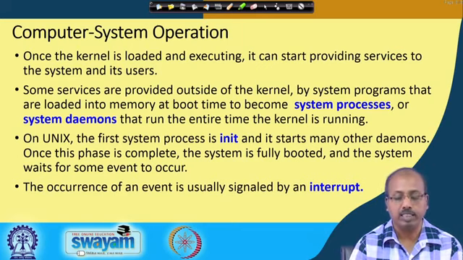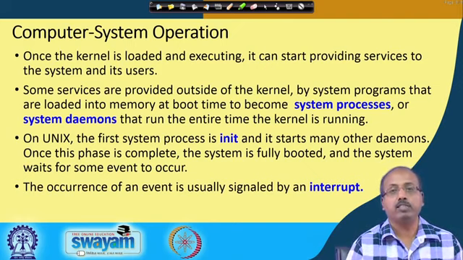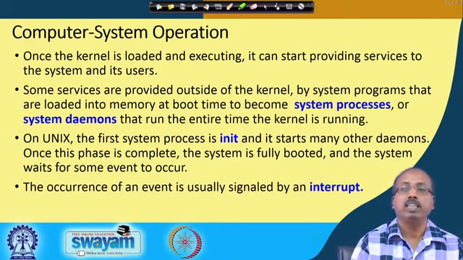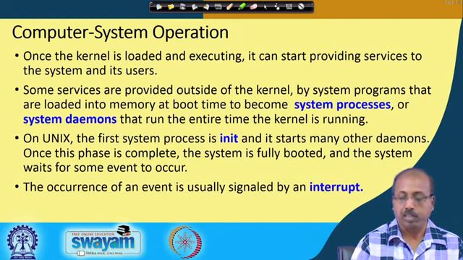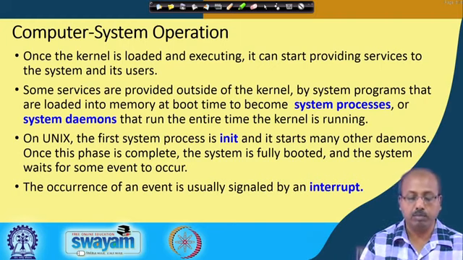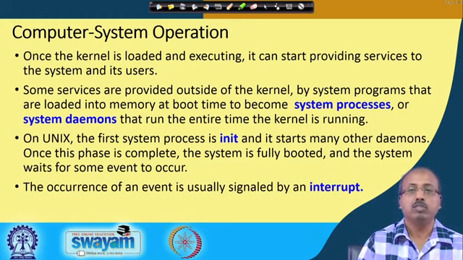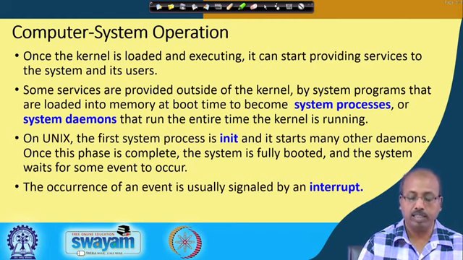This daemon starting is done by the init process, and when it is completely booted, it comes up with a login message and waits for some user to log in and ask the system to do something. So the system waits for some event to occur, and when that event occurs, the operating system is informed that an event has occurred, and accordingly the system takes care of that.